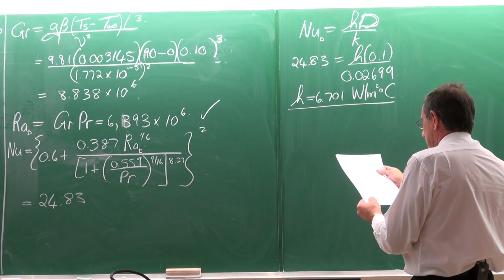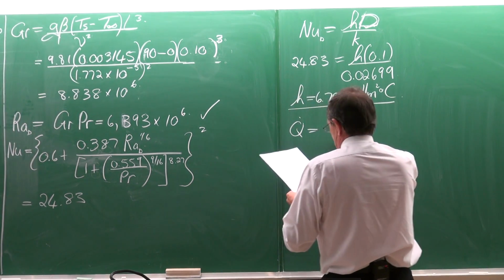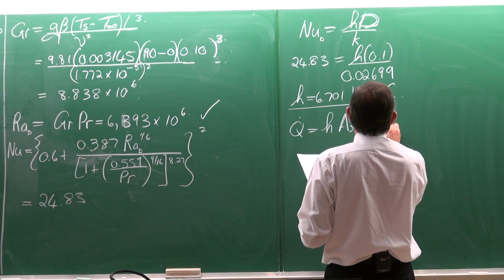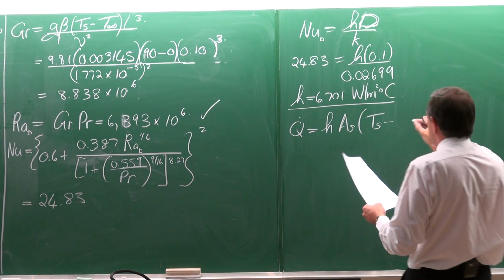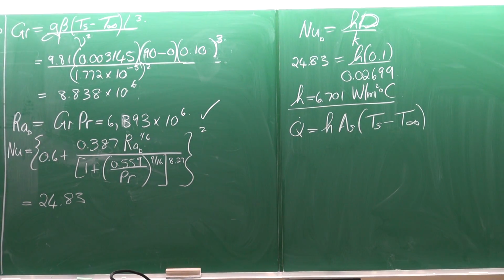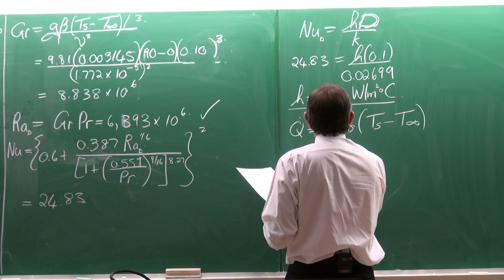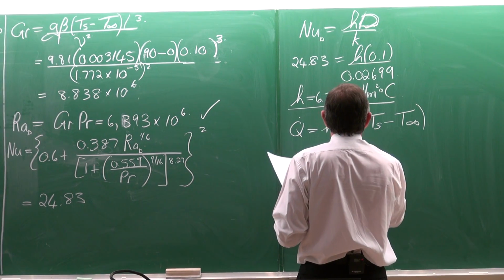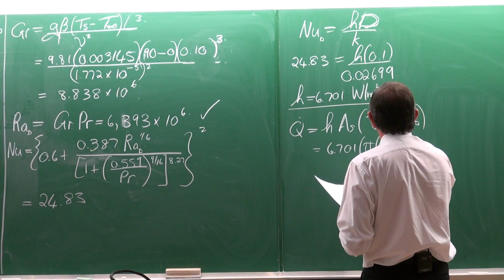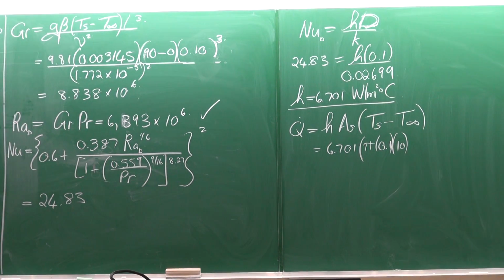Right, now that we've got the heat transfer coefficient, let's calculate the heat transfer rate, which is equal to the heat transfer coefficient multiplied by the surface area multiplied by the surface temperature minus the environment temperature. The heat transfer coefficient is equal to 6.701. The surface area is equal to pi multiplied by the diameter multiplied by the length.